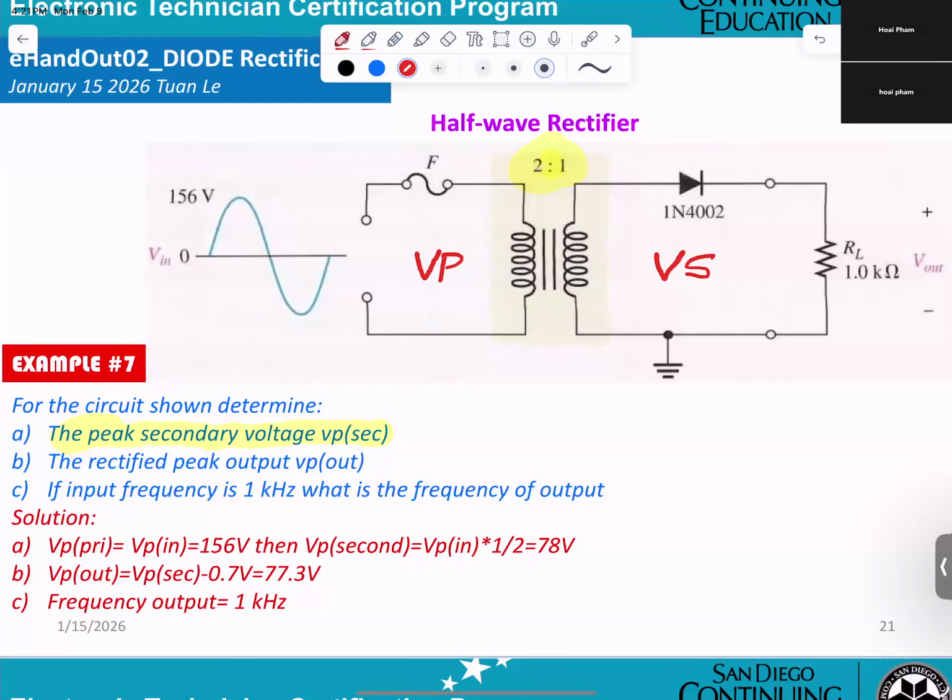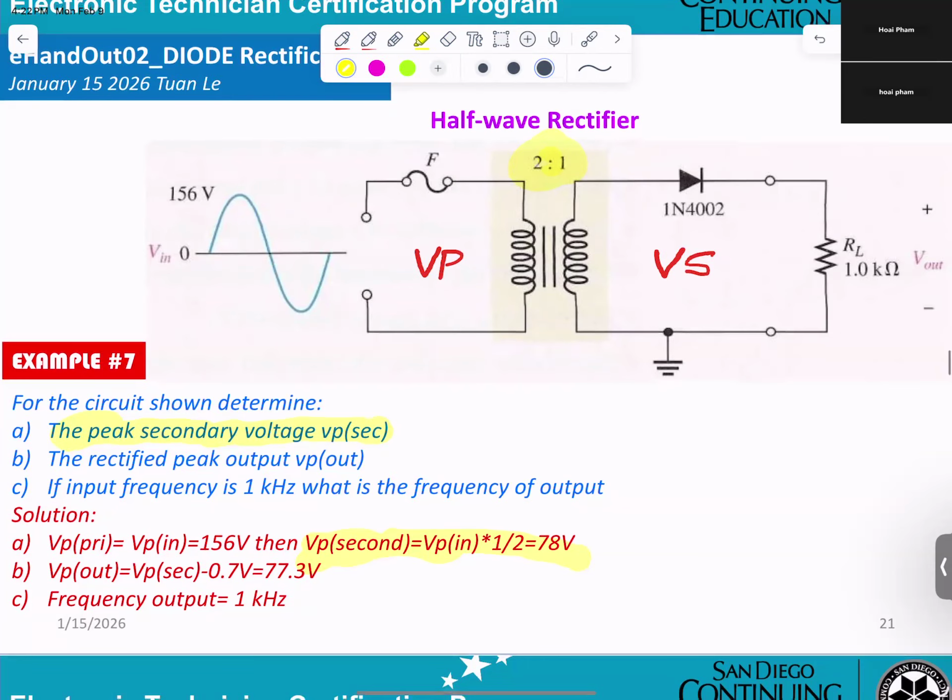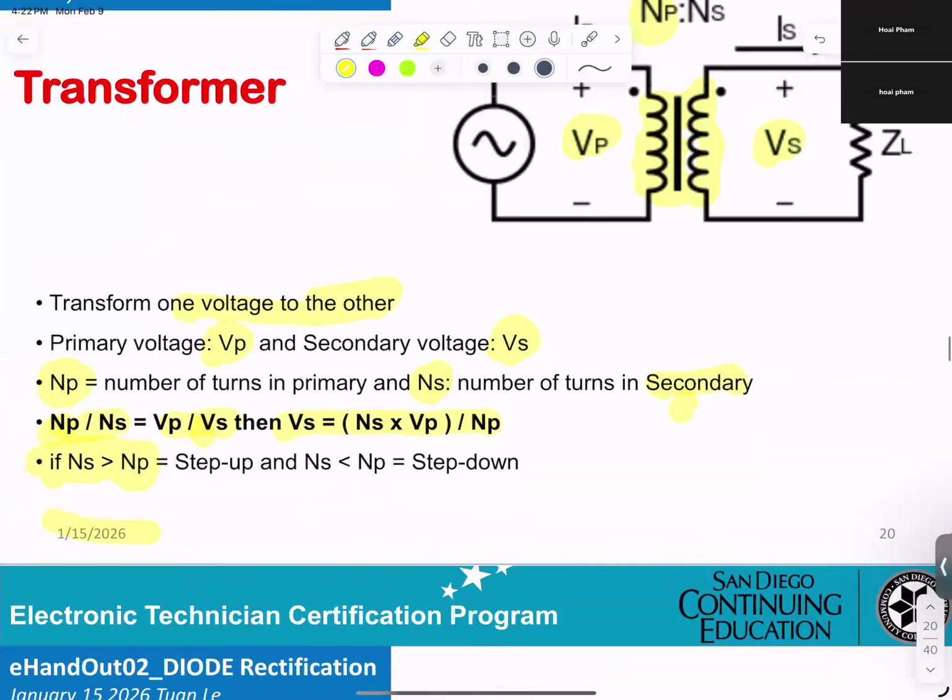Then V secondary equals V peak in times 1 over 2. You get 78 volts. The formula you already know from this one.